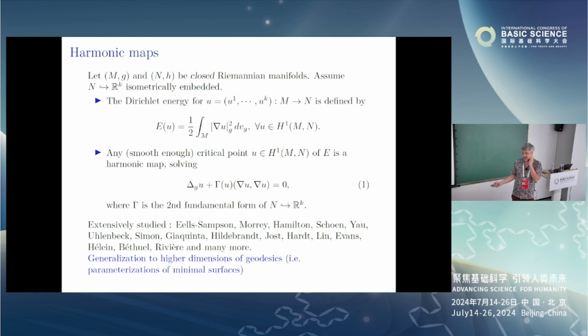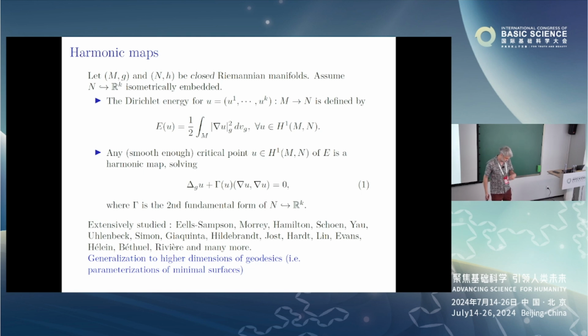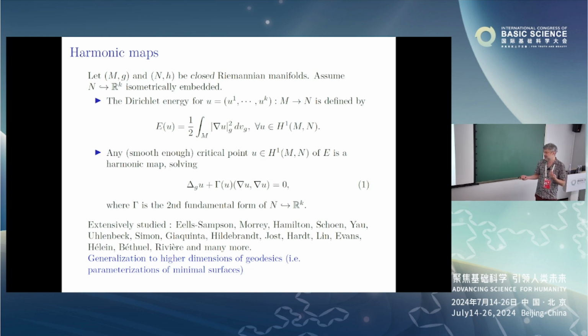Gamma here is the second fundamental form of the embedding. And this equation, where the domain manifold M has at least dimension 2, has other motivations, but at least naively it's a generalization in higher dimension of the geodesic equation.